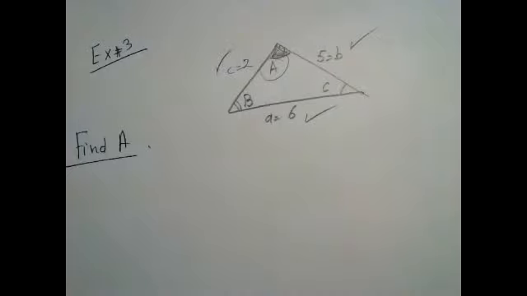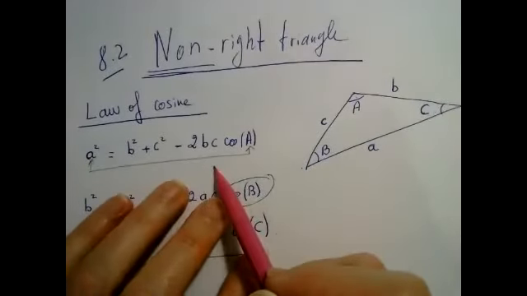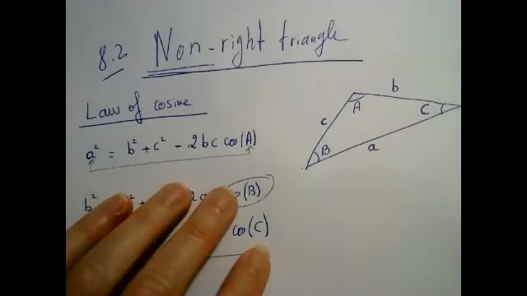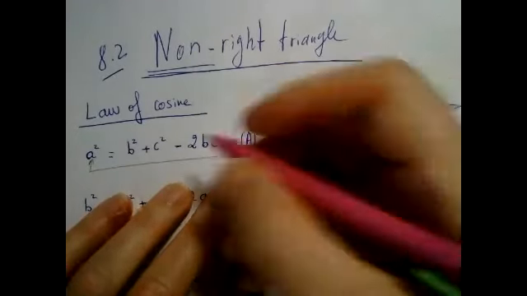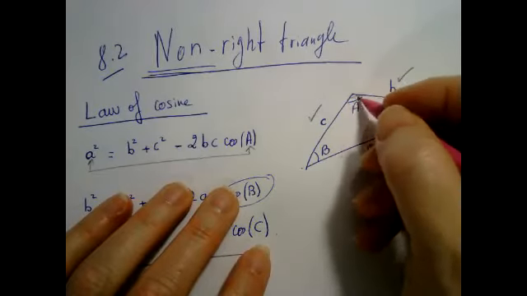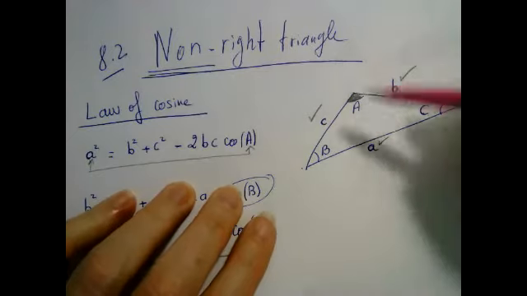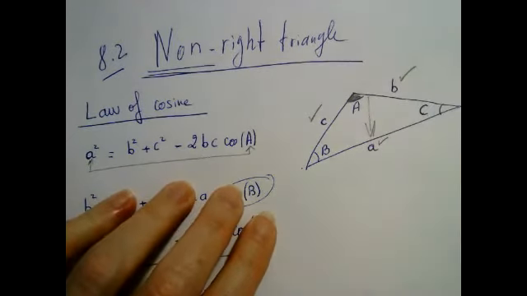So let me choose the law that will really help me. In this picture, that's the law that you have to put in front of you. I'm giving you the A, this side. I'm giving you the C. I'm giving you the B. And I'm going to ask you about the angle A, which is opposite to the side little a.